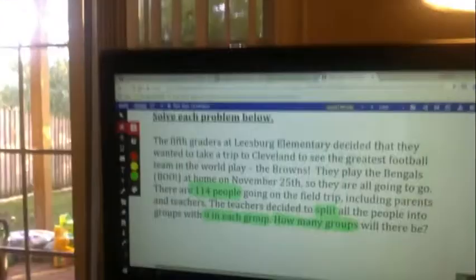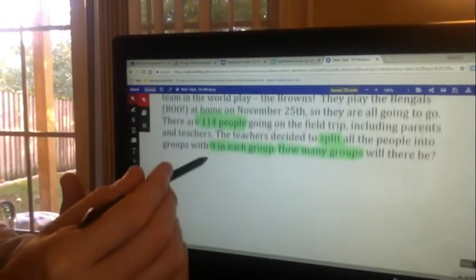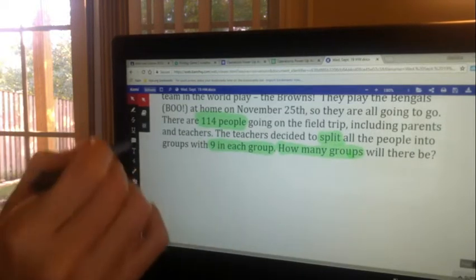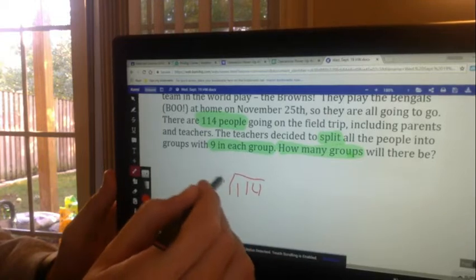There are 114 people total, and we know that they're splitting those people up into groups of 9. So when I see that word split, automatically in my head I start to think that's talking about division. So what I'm going to do here is I'm going to take, scroll down a little bit, I'm going to take 114 and I'm going to divide that by 9.